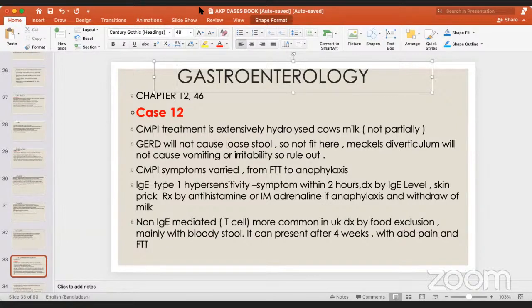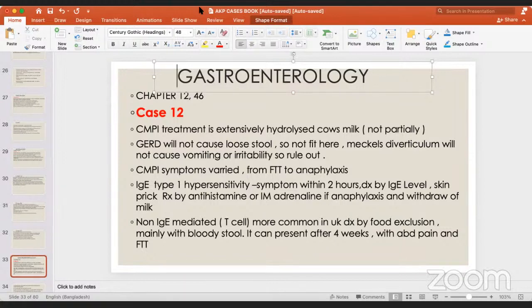And you have to know that these two types of cow's milk allergy are very common. One type causes anaphylaxis, this is IgE mediated. Another type does not cause anaphylaxis, but they cause failure to thrive, irritability, loose stool, and bloody diarrhea. That is T-cell mediated, that is non-IgE mediated. Clear?